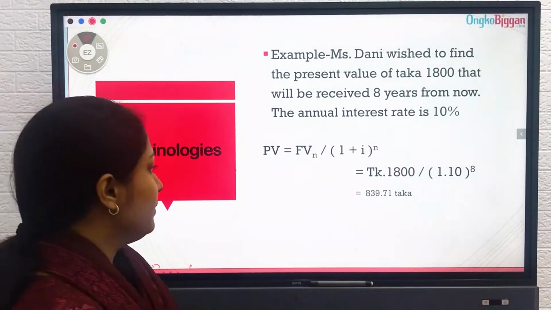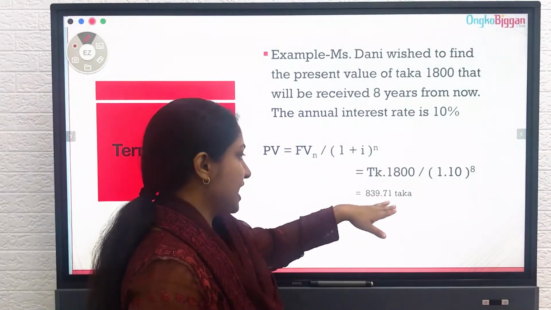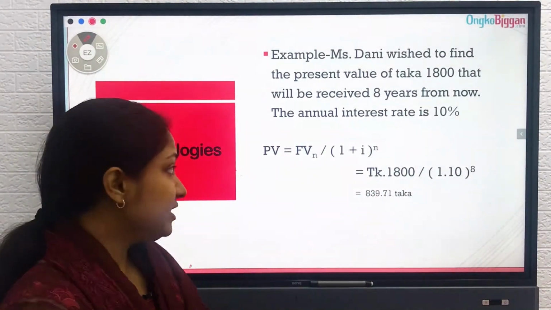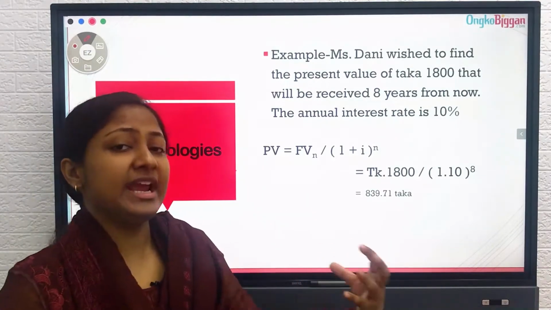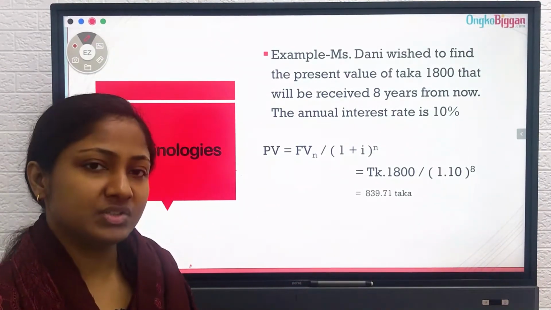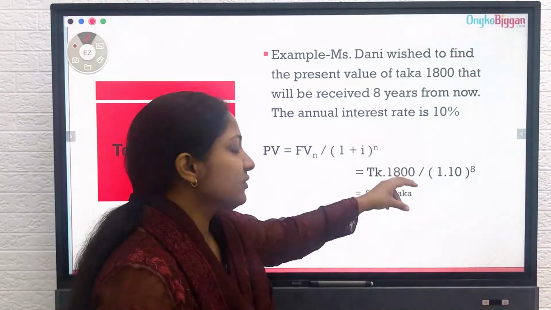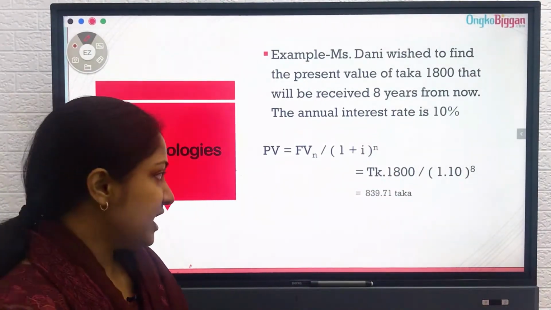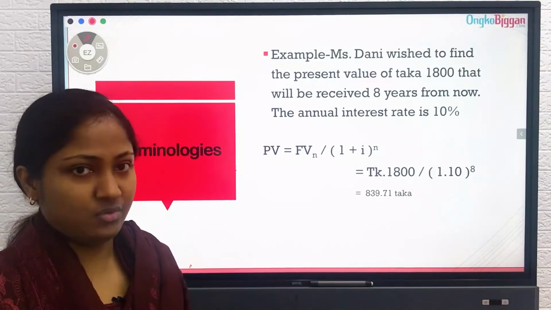Here is the amount, which is 839.71 taka. It means if you get 1800 taka after 8 years with the 10% interest rate, then that future value is worth 839 taka now.